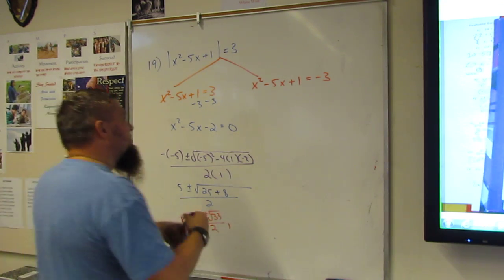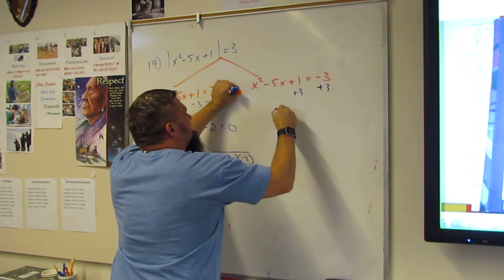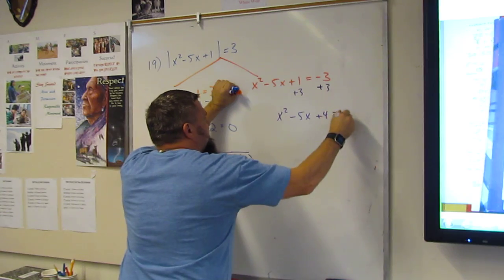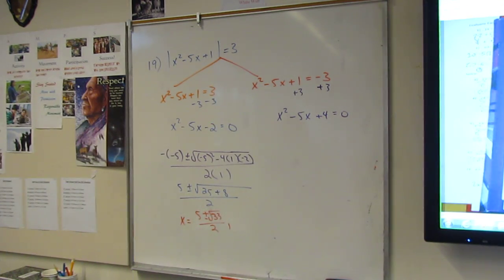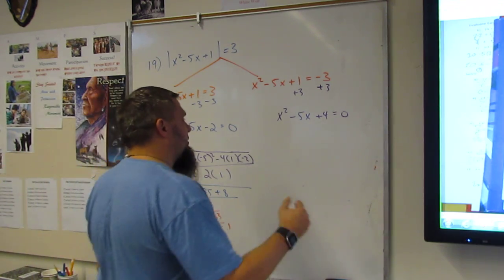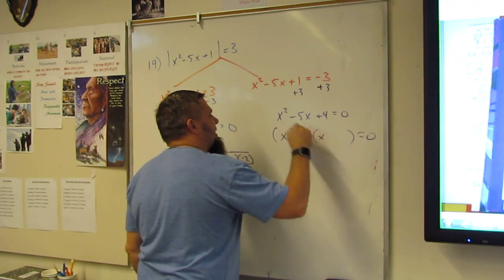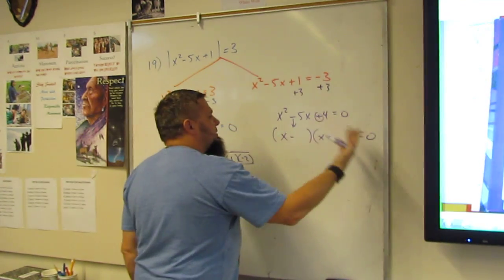So this one is going to be plus 3, so we got x squared minus 5x plus 4 equals 0. Two numbers that multiply to be 4 and add to be 5. 4 and 1. So boom, boom, boom, boom equals 0. X, this comes down. This tells me they're the same.